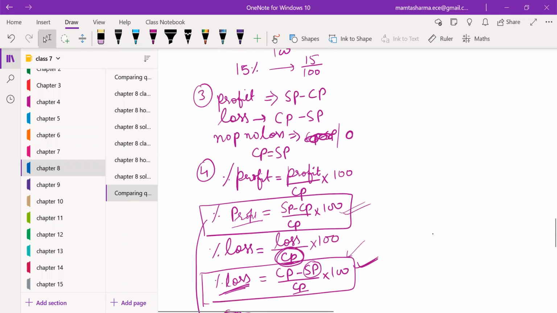Okay. So what you do when you reach your exam section, at the back side of your notebook, write down all the important formulas, so that you can refer to them easily while solving the questions.